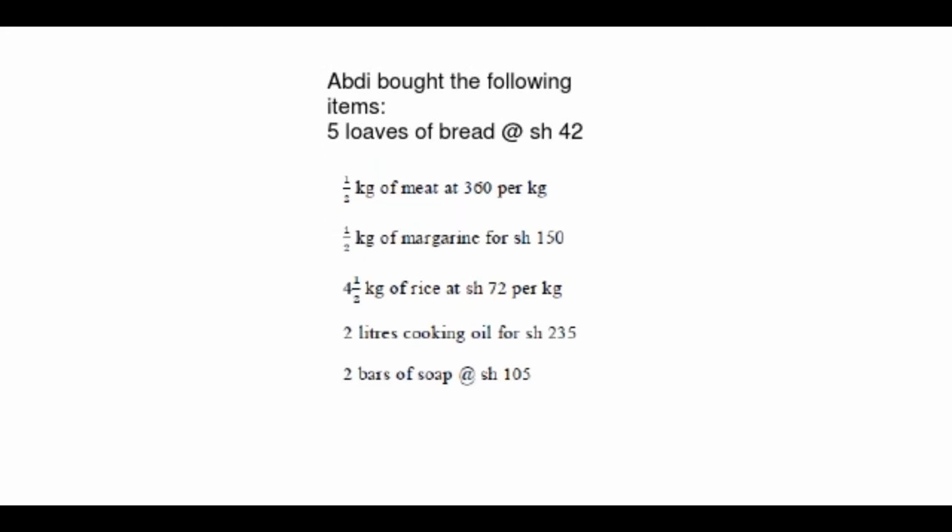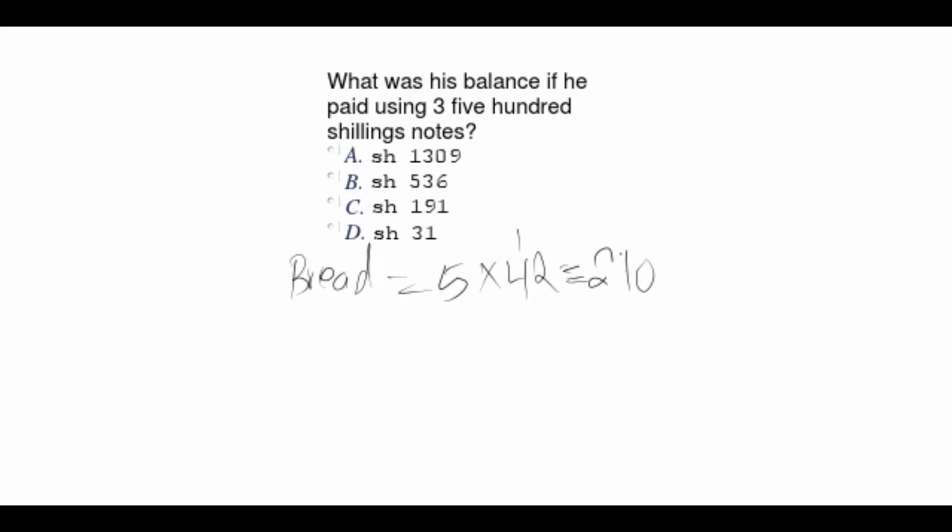Then half a kg of meat at 360 per kg. We are told he bought half a kg and 1 kg is 360, so half of 360 is 180.